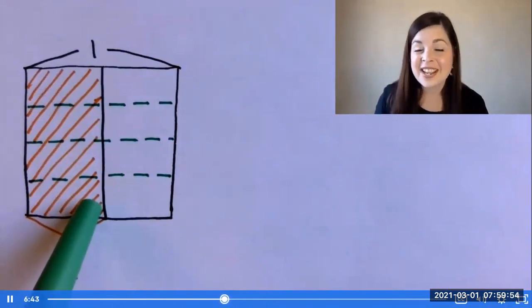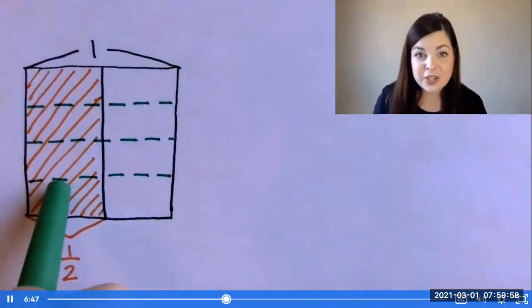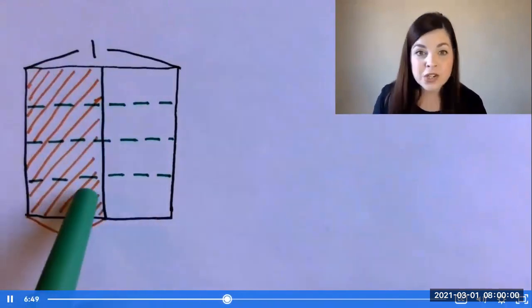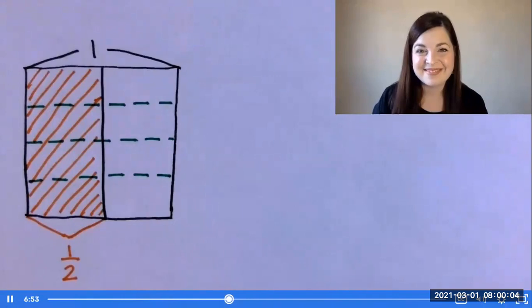No, the size of the shaded area hasn't changed. There are more of the smaller sized units instead of 1 larger sized unit, but the shaded area is the same. So what does that tell us about 1/2 and 4/8? 1/2 and 4/8 are equal.